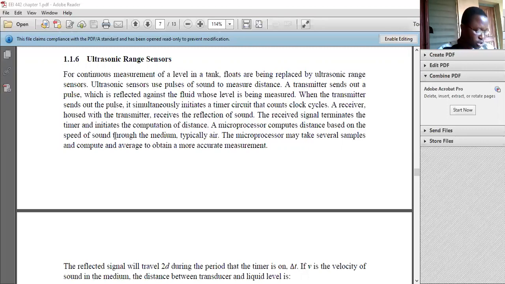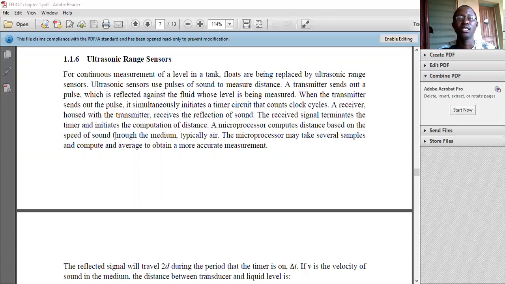The sensor is at the top of the tank. When the signal is sent, it goes towards the surface of the liquid or the fluid in the tank that is going to be measured. When the signal reaches the surface of the liquid, it is reflected back to the transceiver so that it can be received.